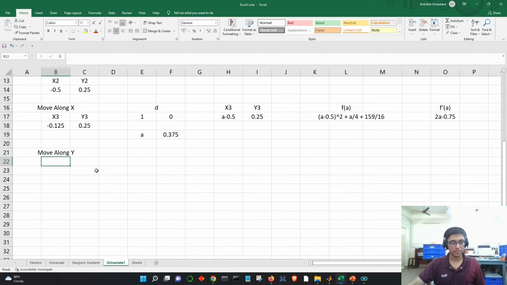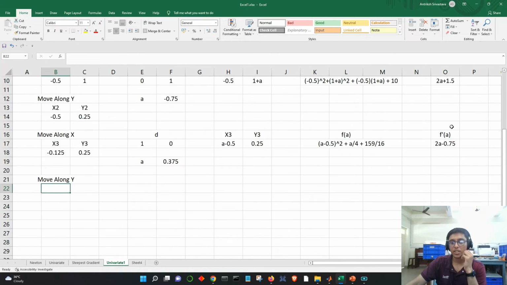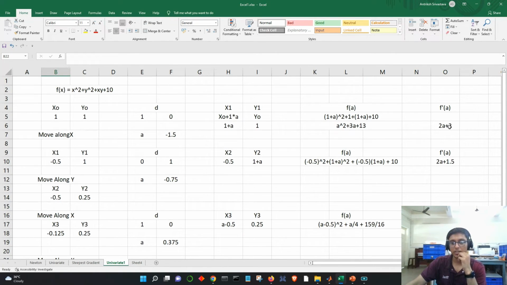Now we have moved along x. Since we are using normal calculus here, we don't have to check whether f dash a is 0 for that value of a, because we are getting a by making it 0. But what sir suggested in class was we use either golden ratio or Newton-Raphson.